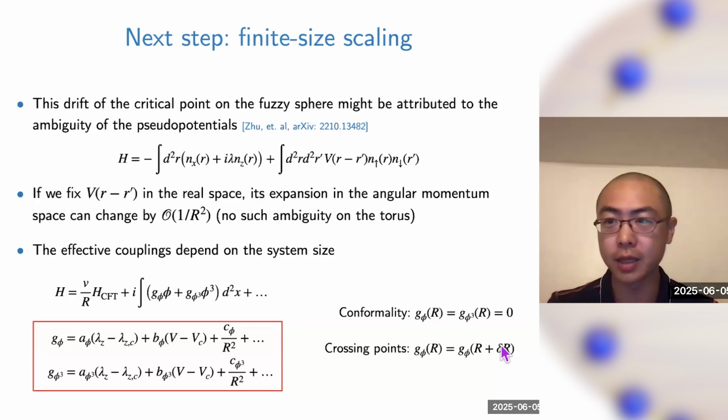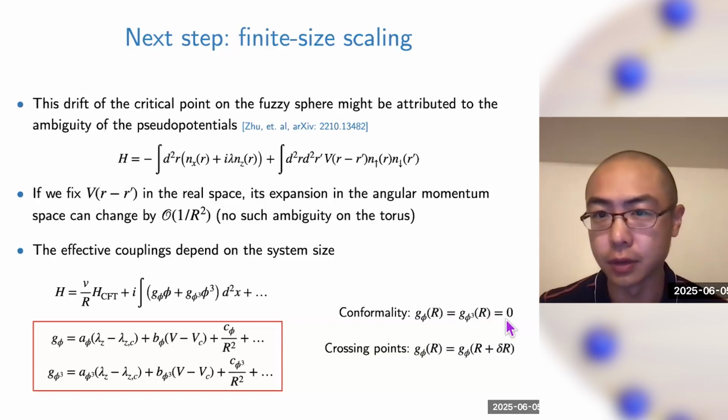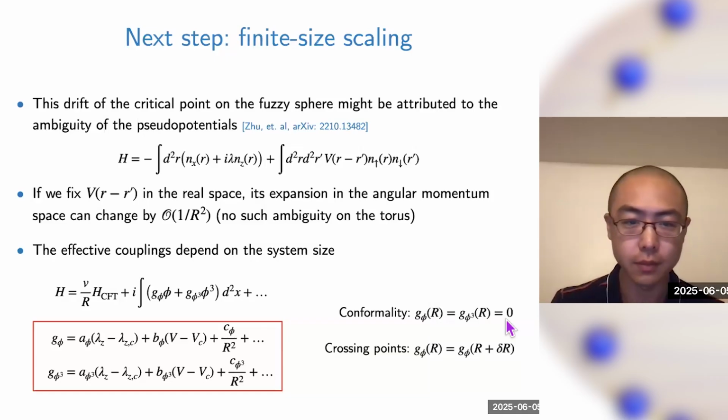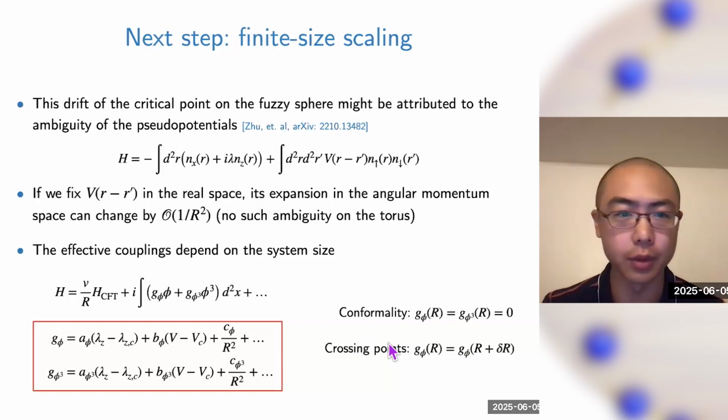But actually the location where the finite size system is critical should correspond to G phi equals G phi cube equals zero. So that's why we may not want to use this crossing point as the definition of the critical point on the fuzzy sphere.